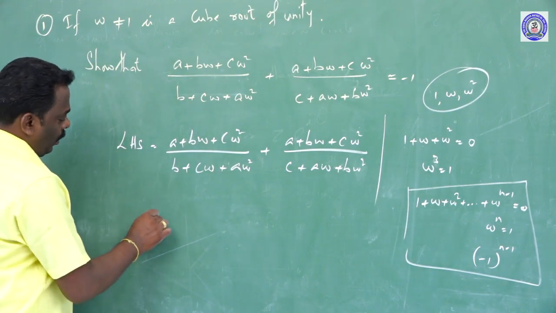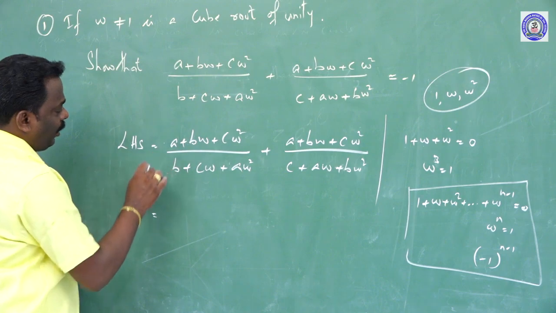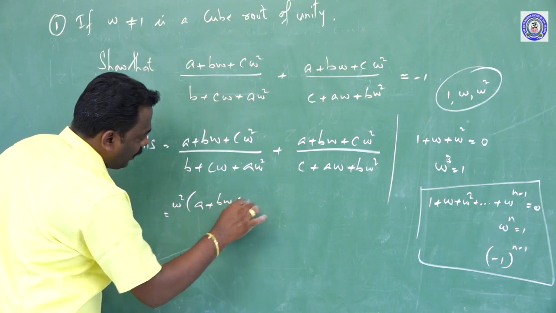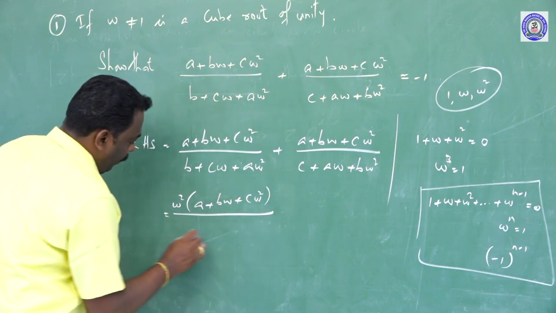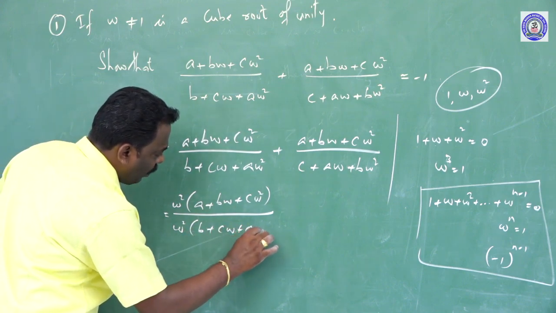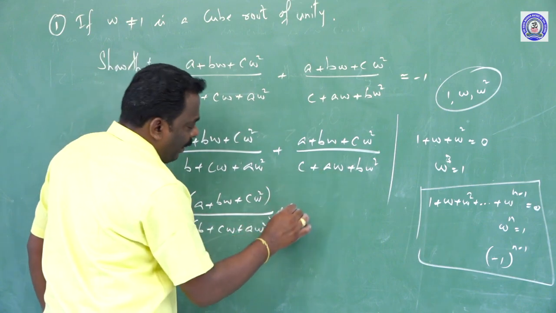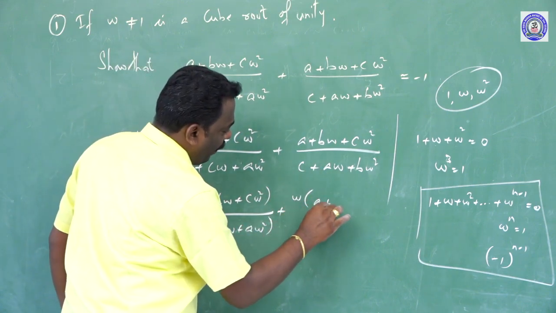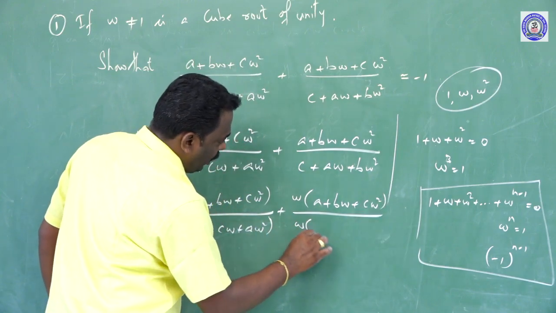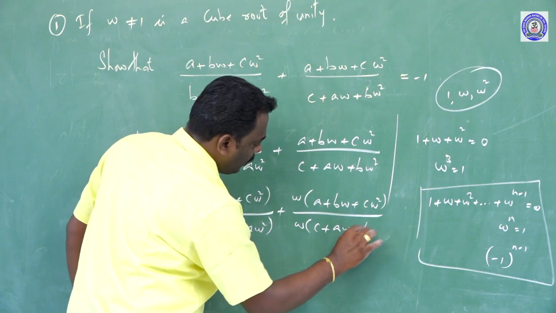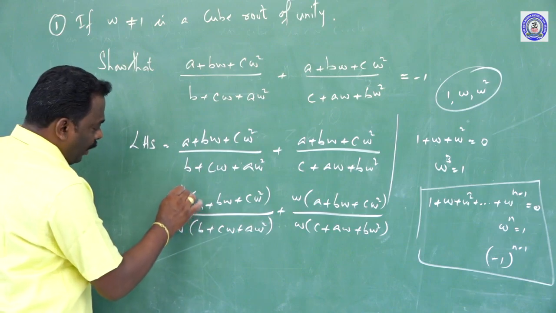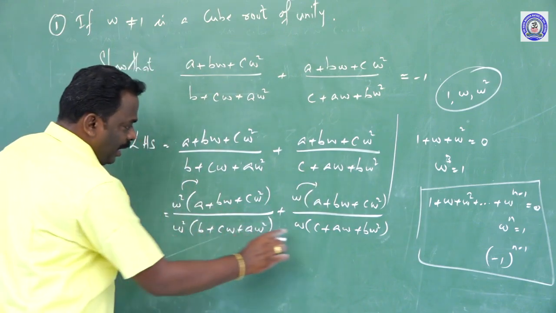Now take the first term, we want to multiply and divide by ω². So ω²(A + Bω + Cω²) by ω²(B + Cω + Aω²), plus the second term multiplied by ω, (A + Bω + C ω²) by ω(C + Aω + Bω²). Just multiply the numerator term inside the bracket and keep the denominator as it is.